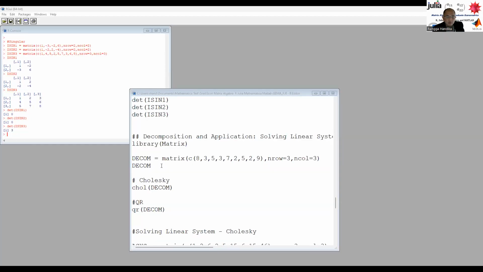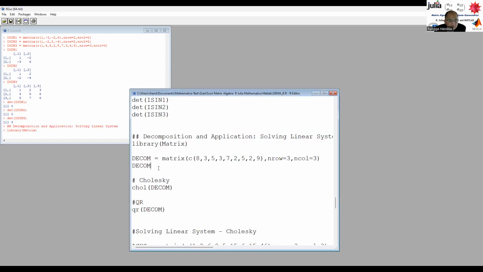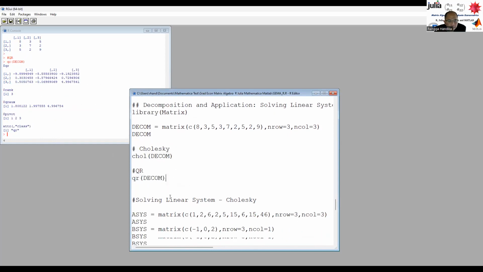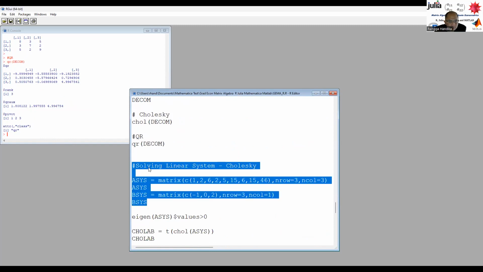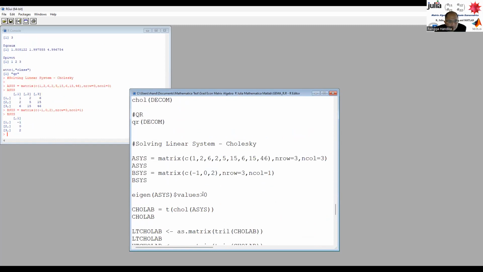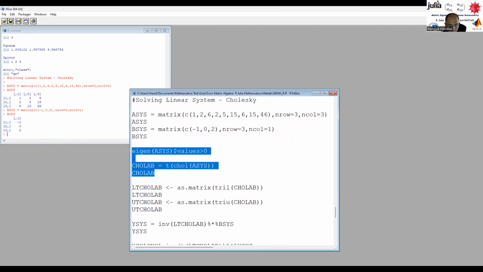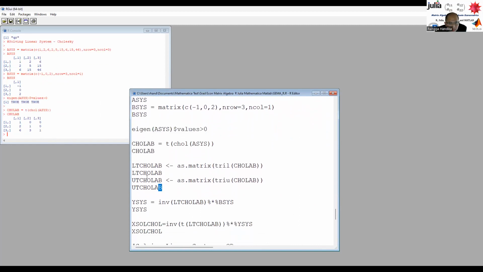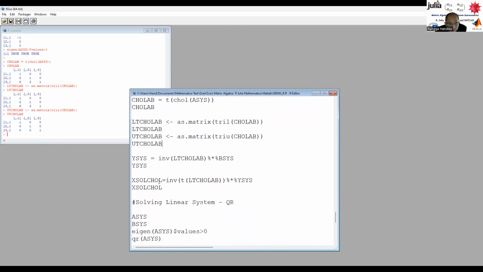Again, the formula might have some variations because of how the software presents it. In R, using the Matrix library, let's suppose there are the simple ones for Cholesky and QR here. And then the application, for example, there is a matrix A and B. So you need to transpose the chol of the A matrix, and then lower triangular and upper triangular.